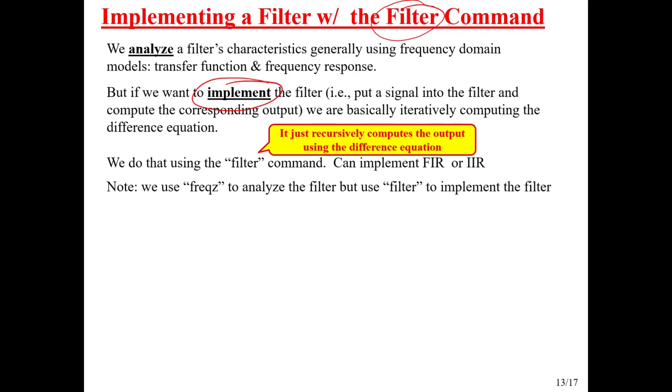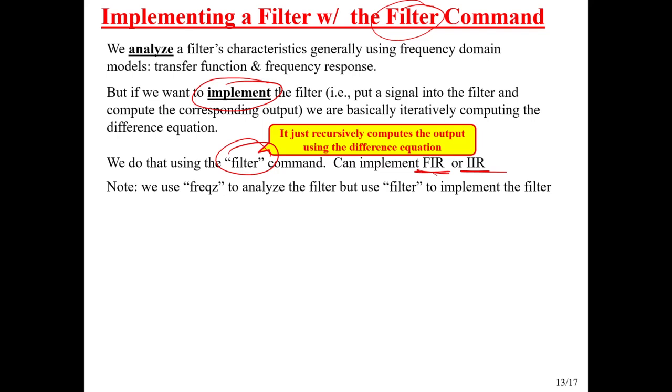So the filter command, we can implement either FIR or IIR, and the structure for the filter command is somewhat similar to the structure for the freqz command. And again, there are multiple ways to call this. I'm going to show you the one and only way that I do it every time.